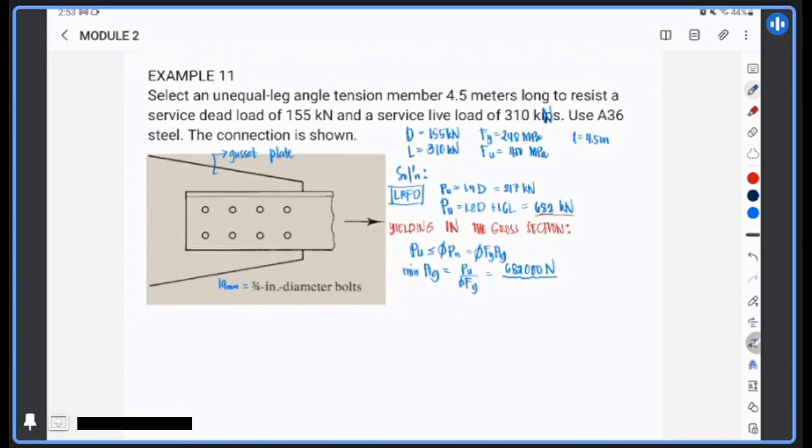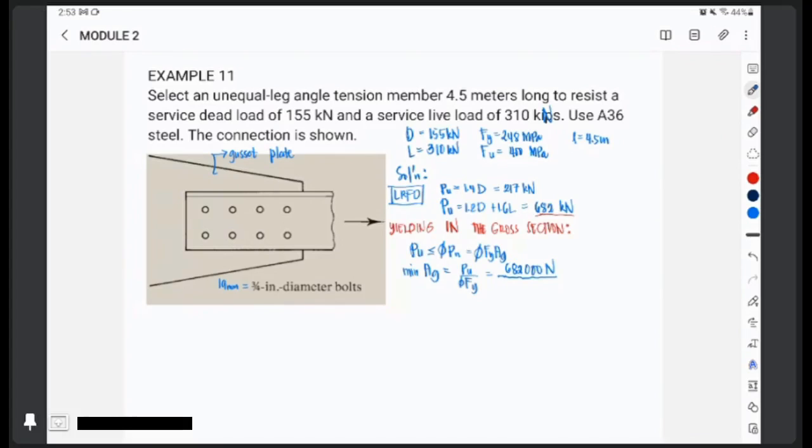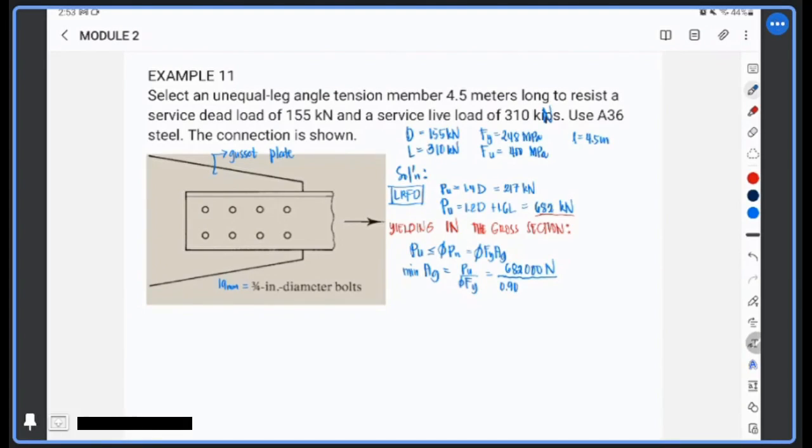That's the reduction factor for section yielding, 0.9, times Fy times gross area.